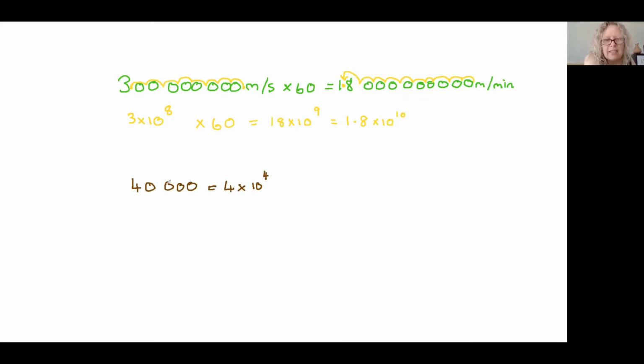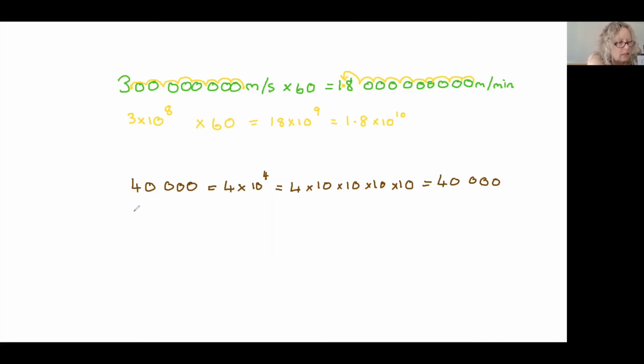This equal sign says that this is the same as this. So you could write 4 times 10 to the power of 4 as 4 times 10, because you know how to do indices, times 10 times 10 times 10. Okay, that's 10 to the power of 4. And if you stick that in your calculator, you're going to get 4 with 1, 2, 3, 4 zeros, which is 40,000.